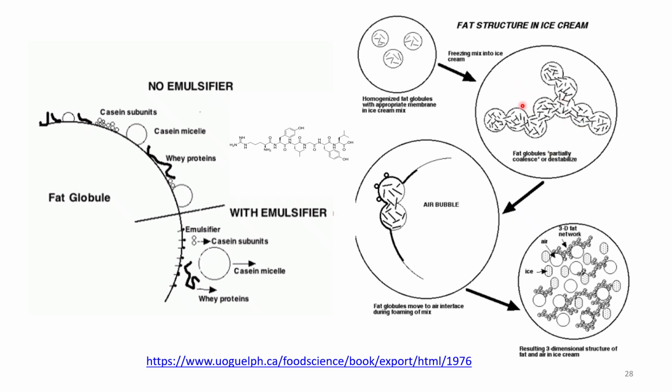So when we beat, the air will be trapped in between the fat, whereby the surfaces of the air bubbles in the ice cream are covered by the milk proteins, and partially they will coalesce to form the fat globules. If the emulsifier were not added, the fat globules would resist this coalescing due to the protein being adsorbed to the fat globule, so the air bubbles would not be properly stabilized and the ice cream would not have the same smooth texture.